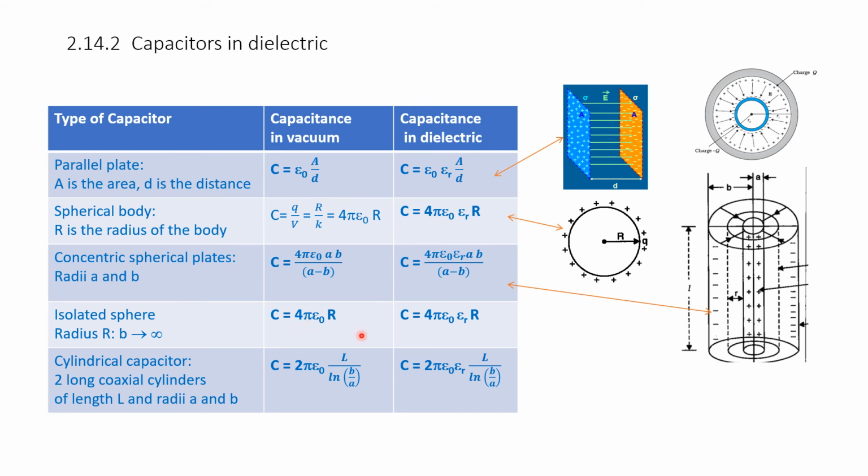Isolated sphere is 4 pi epsilon naught into R. As isolated means only the inner portion is there and B tends to infinity, only the inner sphere will be there.